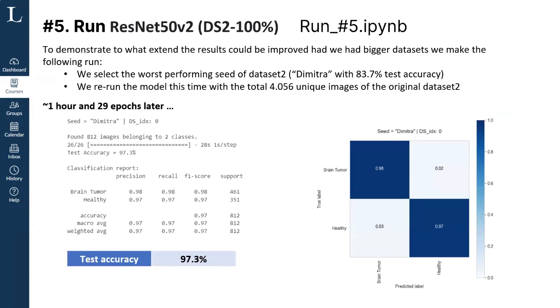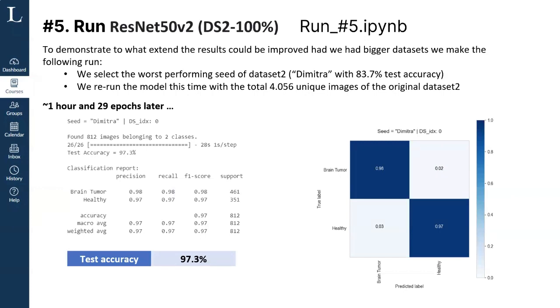Because we suspect that a big factor for the relatively low performance is the number of images we used, we ran the same code, this time for the whole dataset number 2, which includes all approximately 4,000 images. We chose the seed that performed the worst in our previous run, which is Dimitra, with approximately 84%.